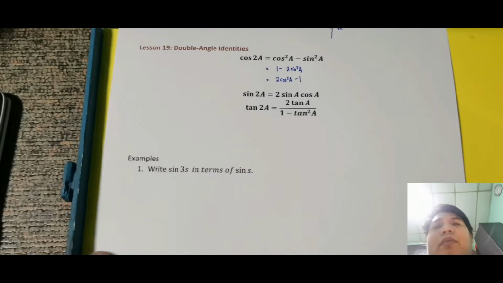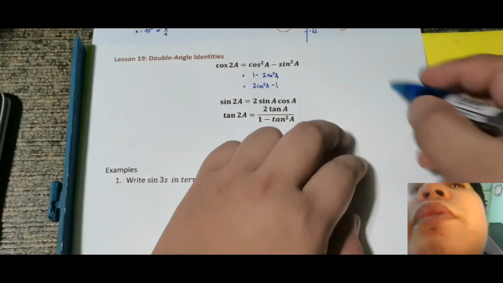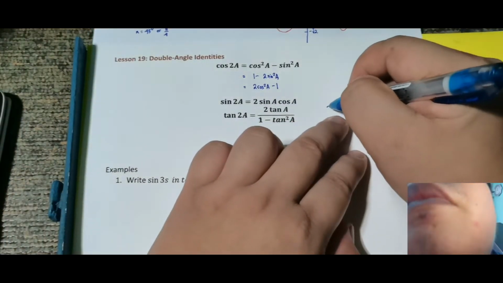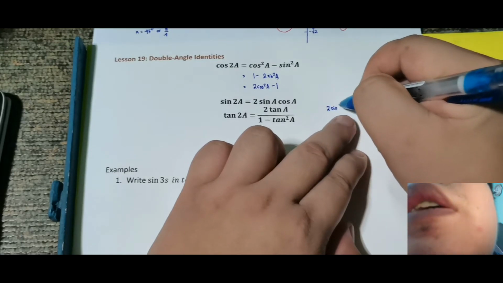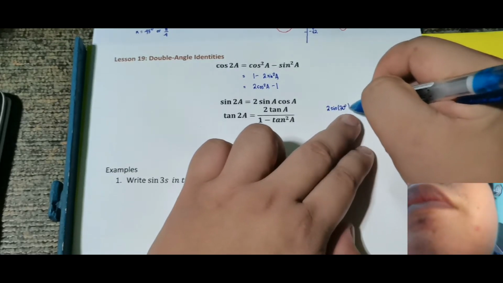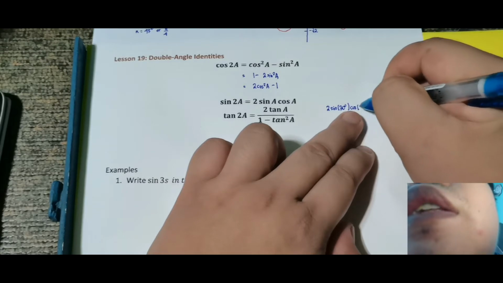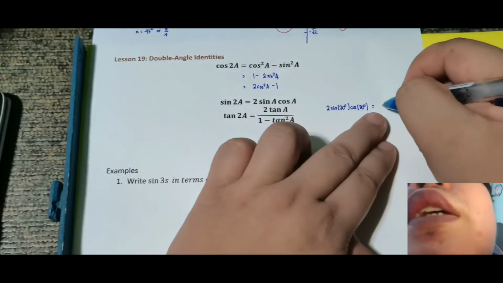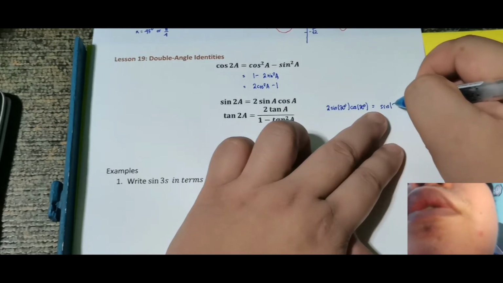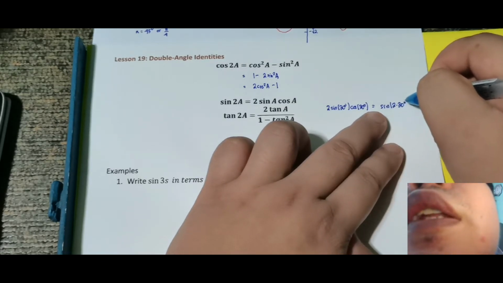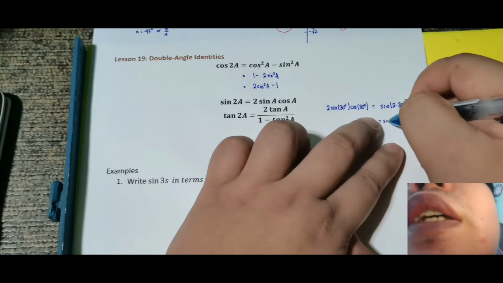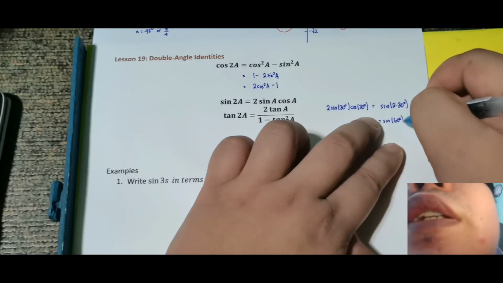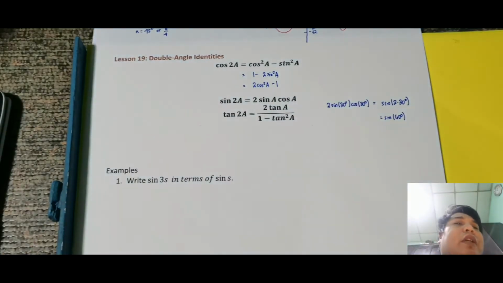So example na ba itong mga to? Okay, so for example kunwari nakakita ka ng 2 sine 30 degrees cosine 30 degrees. Using yung identity natin, this is just equivalent sa sine of 2 times 30 degrees, which is equal sa sine 60 degrees. Okay, yun yung application niya.